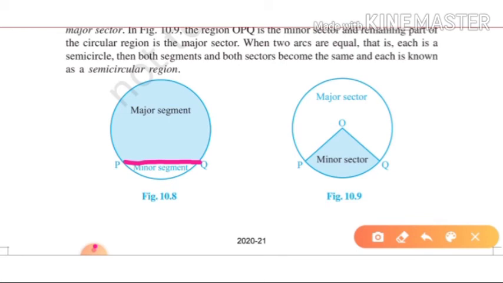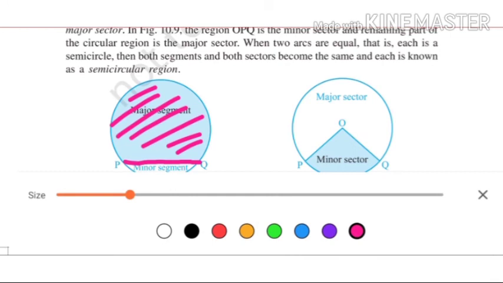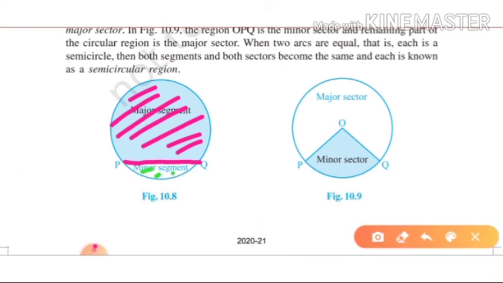They may not be equal. From here to here one part, the entire part, and this another part. This part is known as the major segment and this part is known as the minor segment.